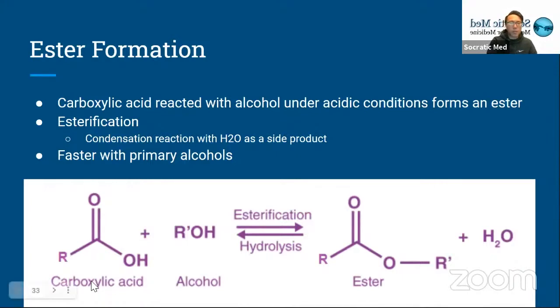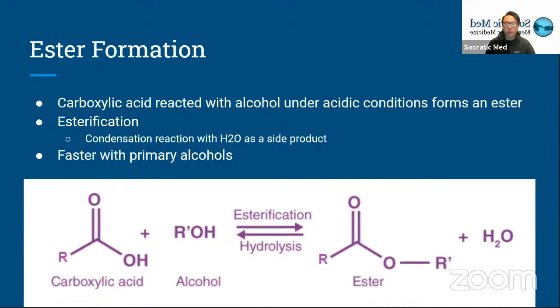On the bottom, as you can see, when you take a carboxylic acid and react it with an alcohol group, you can form this ester group on the right. So it's a carbonyl with this alcohol group attached, and you form H2O as a side product.